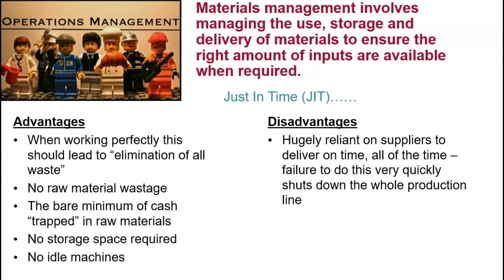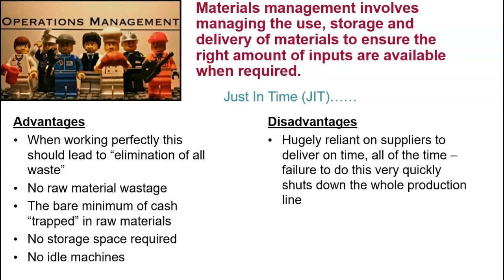So just in time, the advantages here are when working perfectly, this should lead to elimination of all waste. There shouldn't be any waste if your forecasts are correct and your material and your production plan are working correctly. There shouldn't be any waste. There should be no raw material wastage. The bare minimum of cash trapped in raw materials.